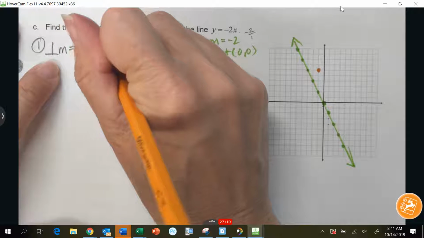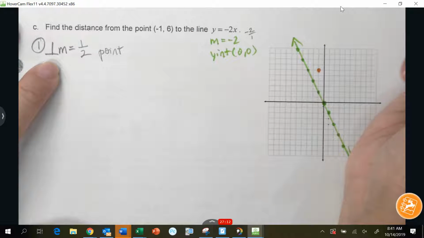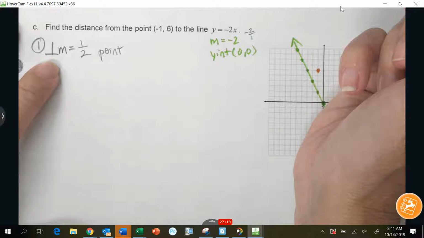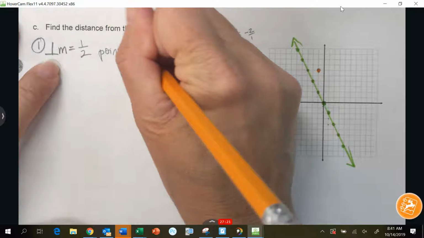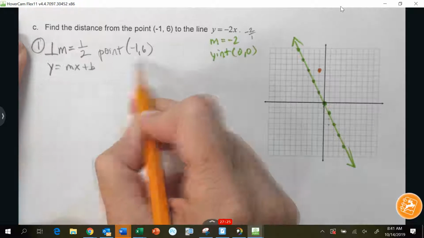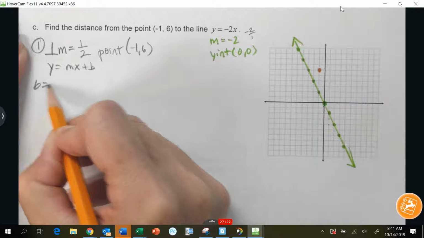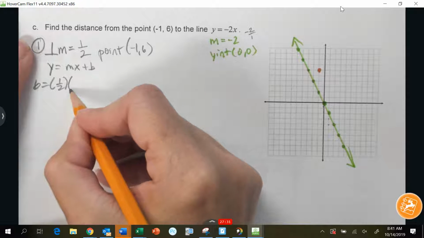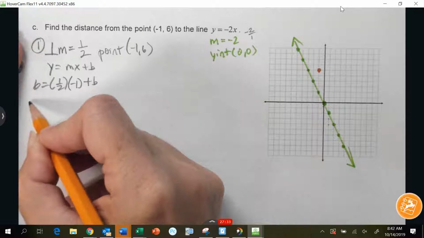We also need a point. Cameron, what point am I going to use? -1, 6. Okay, and then we do y equals mx plus b. So y is 6 equals m is 1/2, x is -1 plus b.